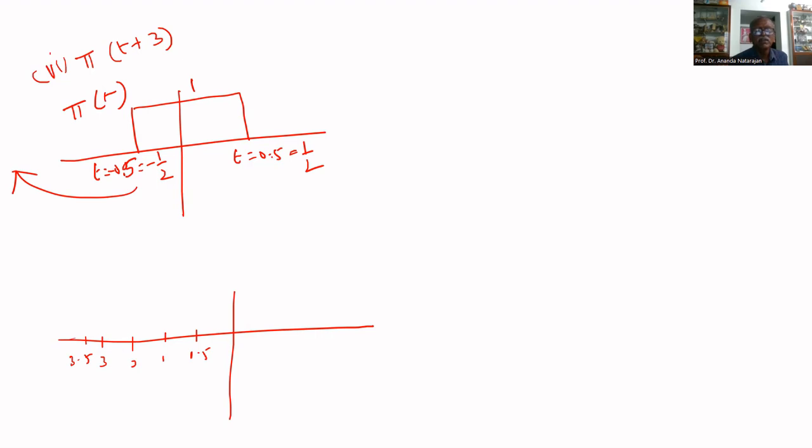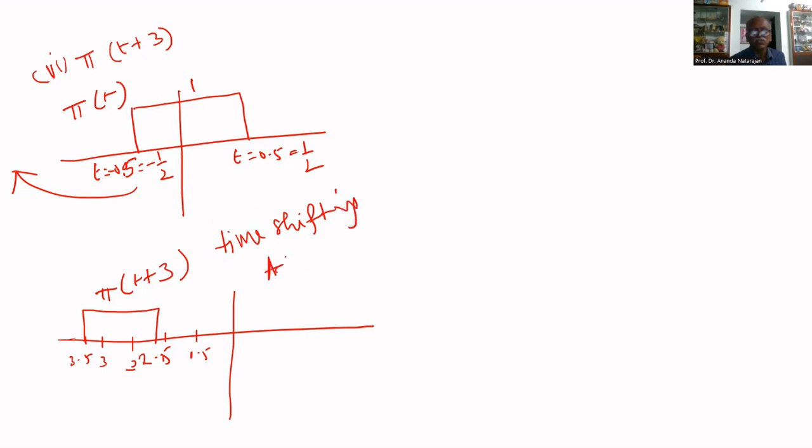Where it ends at 0.5, we have to move 3 units, so it ends at 2.5. Therefore, it will be like 2.5 to minus 2.5. This is pi of t plus 3. So this is time shifting to the left because it is advanced, advanced by 3 units to the left. That's all.